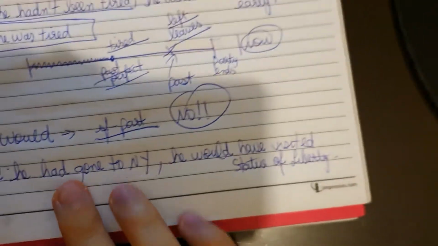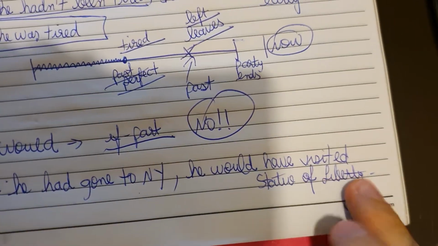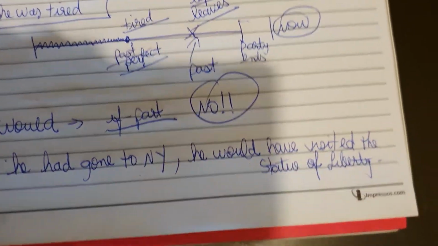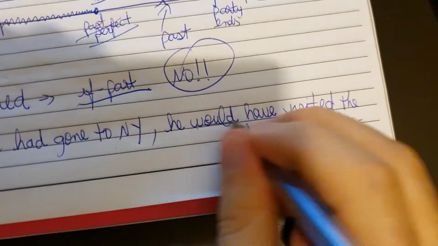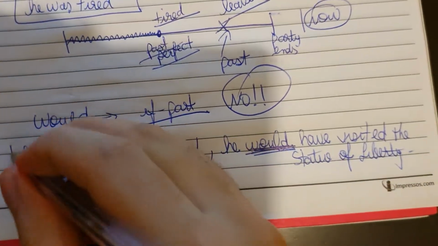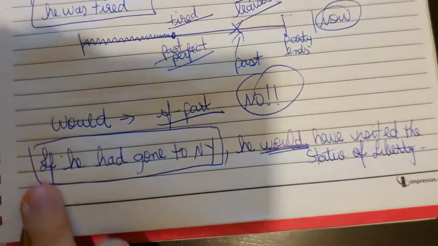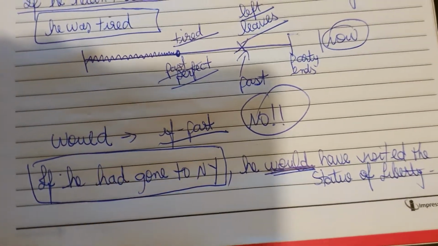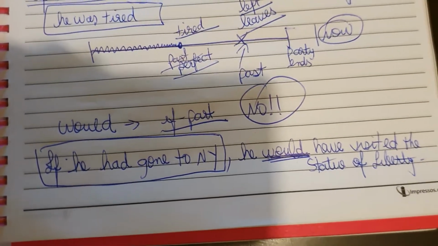Okay, if he had gone to New York, he would have visited the Statue of Liberty. So would is only used in the other sentence, not here. Here, in the if part of the sentence, it's not possible to use would.